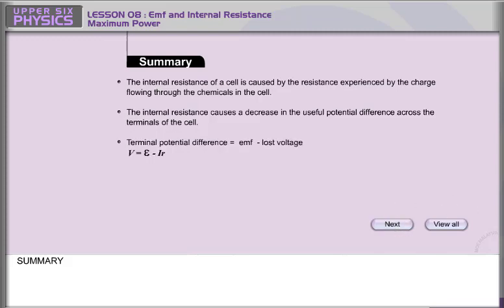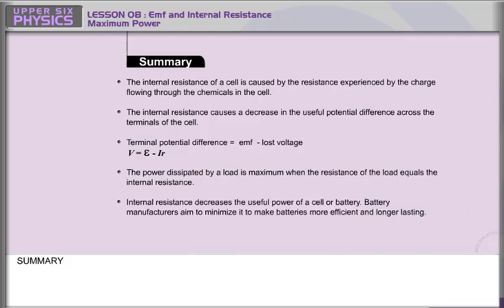Terminal potential difference equals EMF minus lost voltage, V equals epsilon minus IR. The power dissipated by a load is a maximum when the resistance of the load equals the internal resistance. Internal resistance decreases the useful power of a cell or battery. Battery manufacturers aim to minimize it to make batteries more efficient and long-lasting.